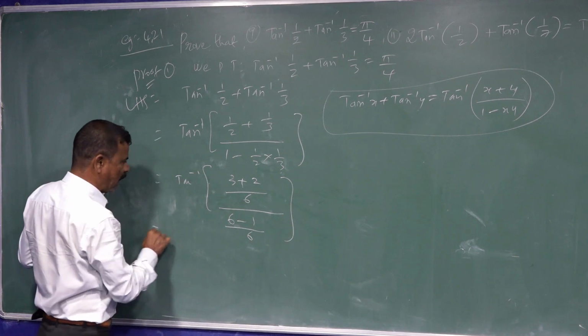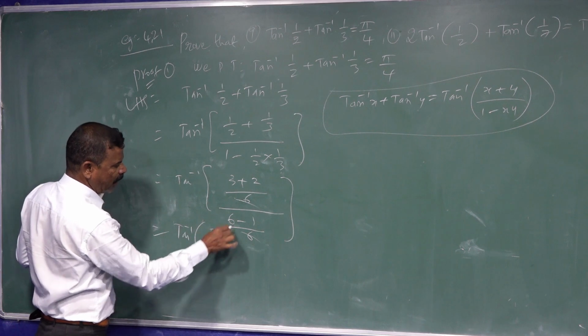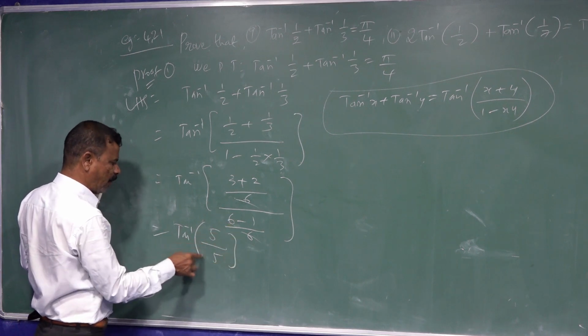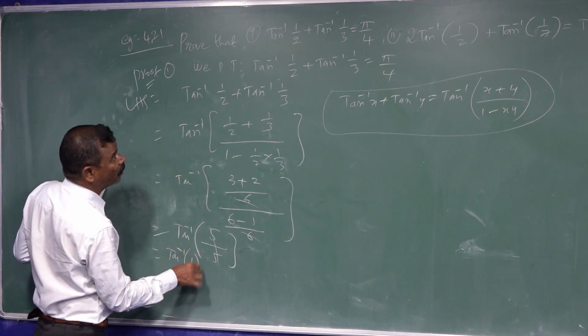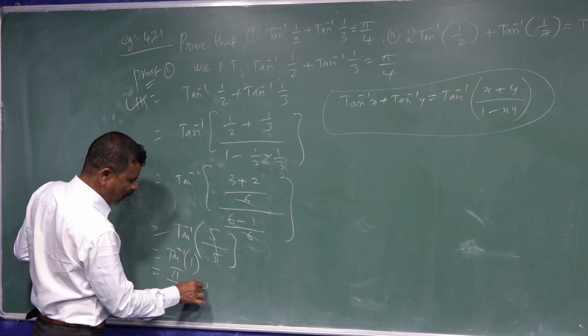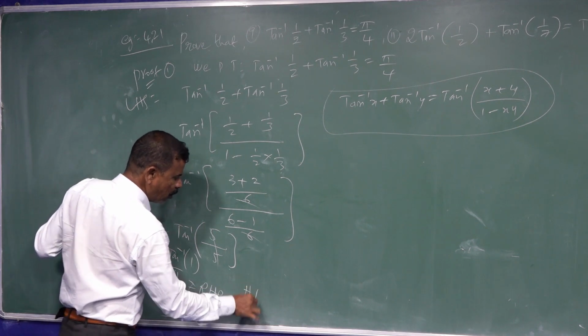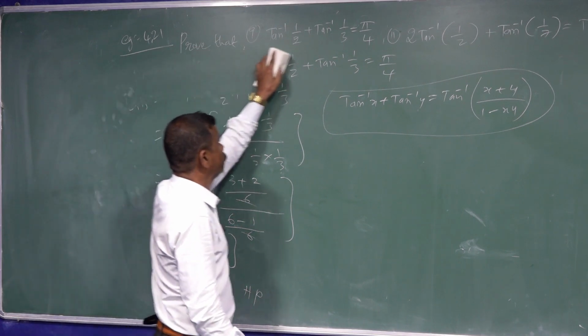This is the simplification. 6 gets cancelled, tan inverse of 5 by 5, cancelled, 1. It is tan inverse of 1, which is equal to pi by 4. This is the RHS value. Hence proved.